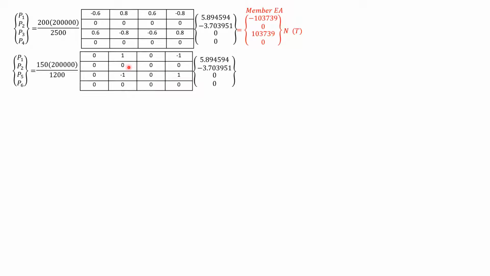So it's 0 times 5 point something, 0. 1 times negative, so negative times this value. So the first value after is negative, and the third row is positive. So member 2, EB, is in tension.